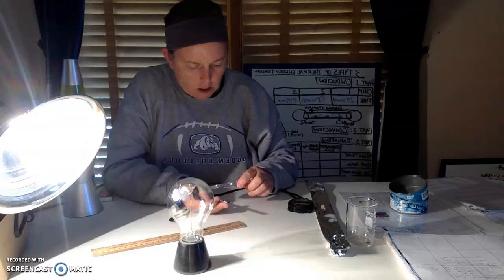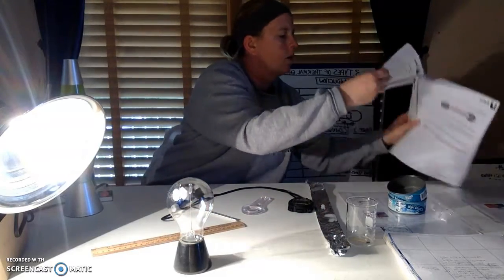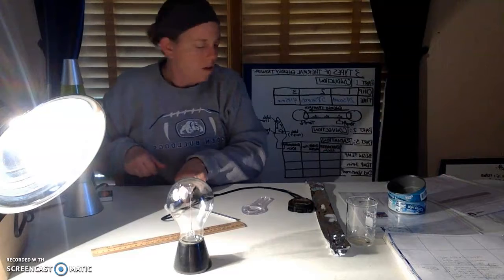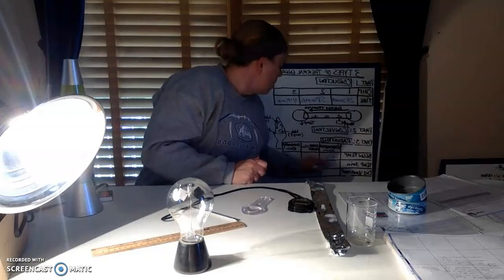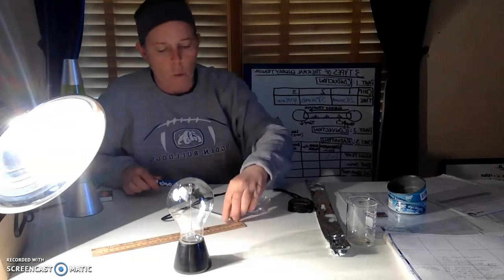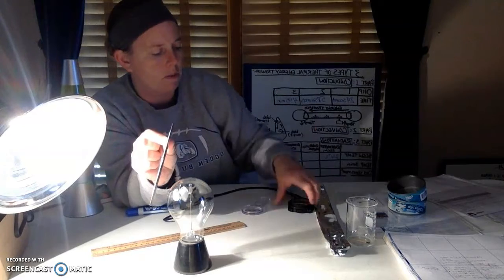Looks to me like I'm at 26 degrees Celsius. Okay, so I'm going to put this up here. All right, I'm at 20 centimeters, so I'm going to hold this here for 3 minutes. I gotta find my stopwatch. Go.